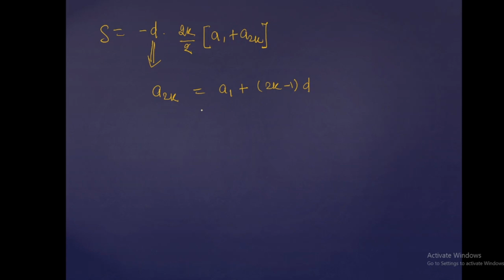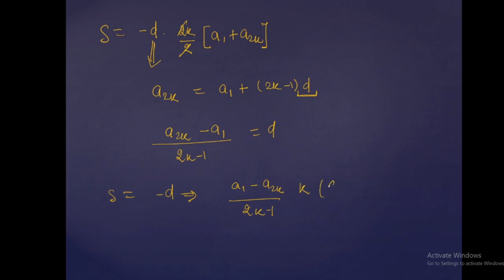So we have this thing, and we need to replace d. So we will replace it by this thing and 2K minus 1. What we will get finally is that minus d we will be replacing, so minus d will be A1 minus A2K over 2K minus 1, and this 2K minus 1 will get cancelled, right?